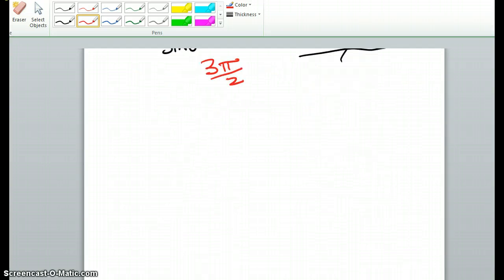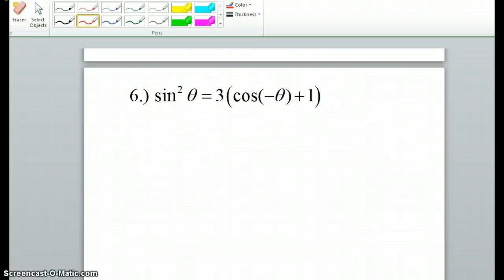Alright, so next problem. Similarly, we're going to solve this the same way. Technically, we want everything to be in cosine or everything to be in sine before we use the u substitution method. And just know that cosine of negative theta is the same thing as cosine theta. So for every negative radian angle at which you find a cosine value, there's also a corresponding positive one.